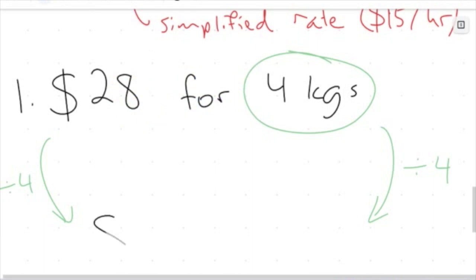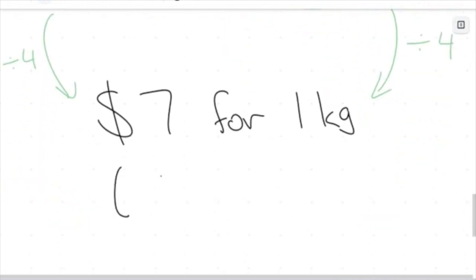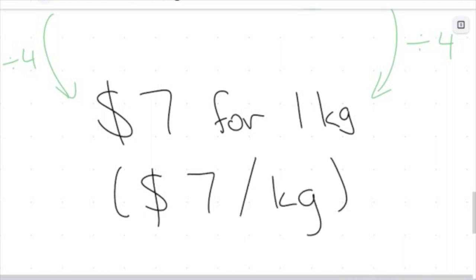And I'm going to end up with $7 for 1 kilogram. This is in my simplest form now, which I can write as $7 per kilogram. My second unit is in its simplest form. It's expressed to 1 of that unit, of that measurement.